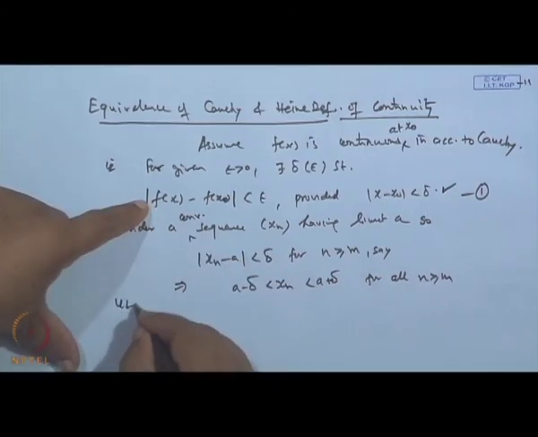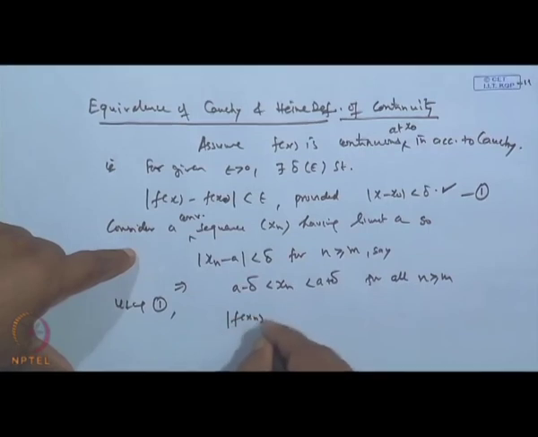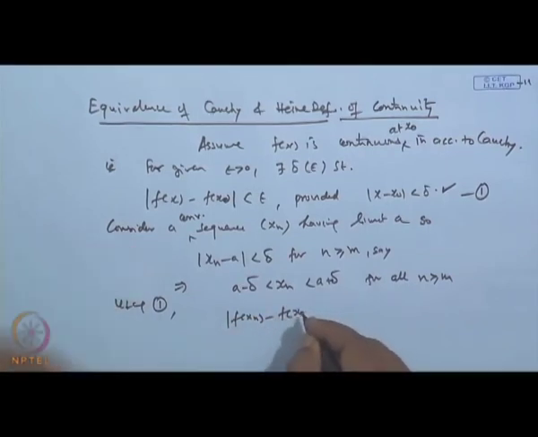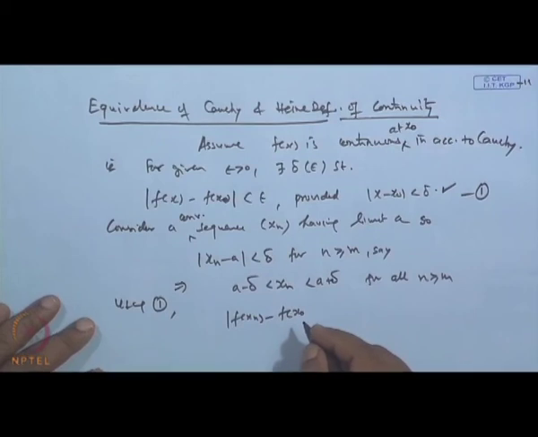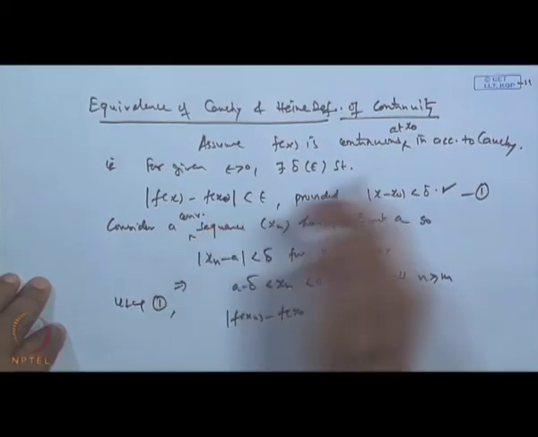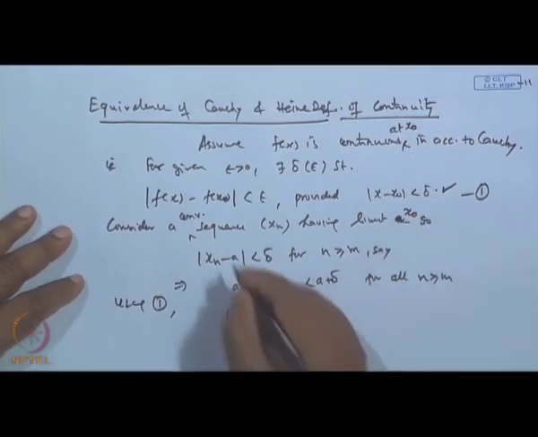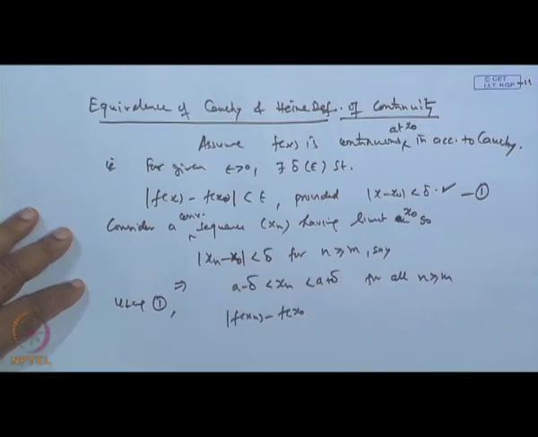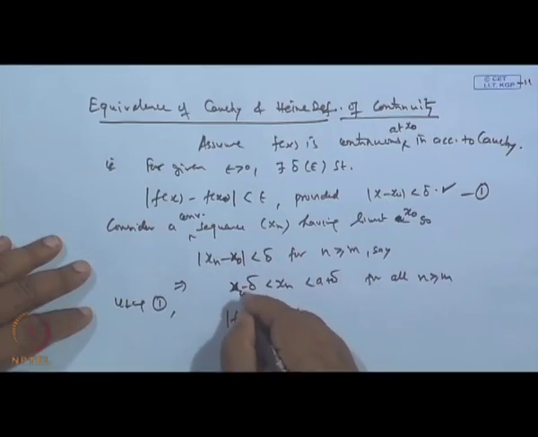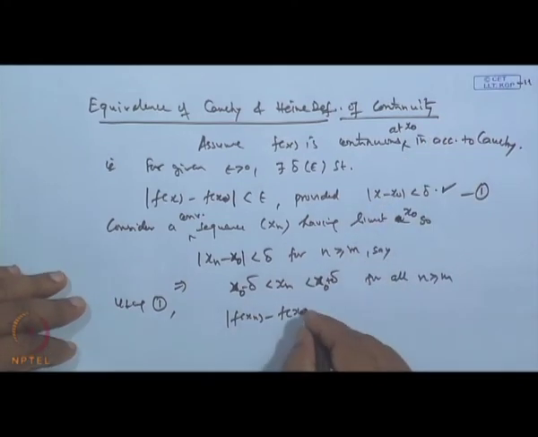So, using this, what we get is mod of f(xn) minus f(x naught), where x naught is the limit, which I have taken as x naught in place of a.